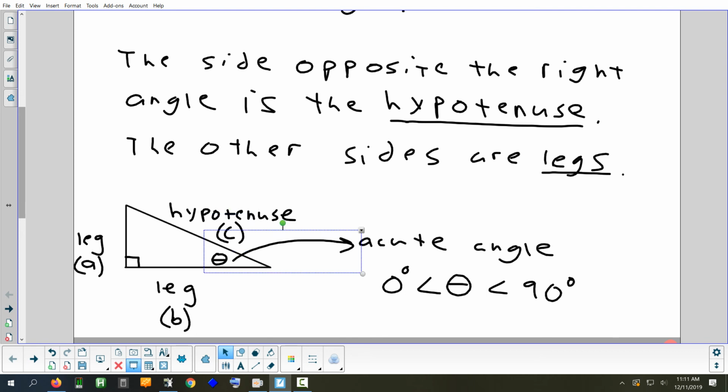So both angles that are not the right angle have to be acute, or the triangle wouldn't add up to 180 degrees. Now, you've probably always been told that the angles in a triangle have to add up to 180. And for a flat triangle, they do in the plane. But there's what we call a spherical triangle.